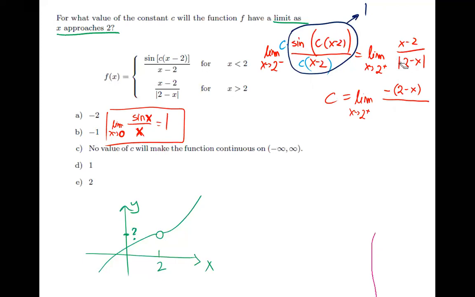Now let's focus on the denominator. In the denominator, I have 2 minus x absolute value. And we remember, if the quantity is positive, like, what's the absolute value of 5? Of course, it's just 5. I don't even have to keep the absolute value. But now, what's the absolute value of negative 5?